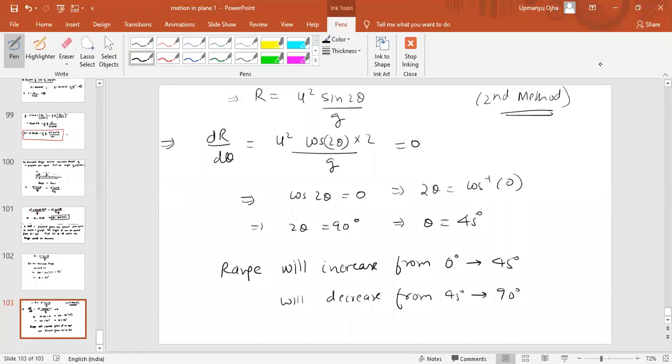Even in discus throw, you will have the maximum range if you throw at an angle of 45 degree. We can say like that also, that initial velocity component and final velocity component are same in that case.